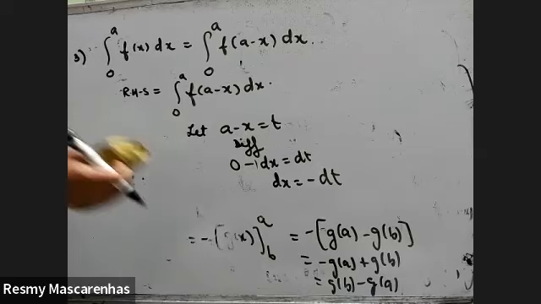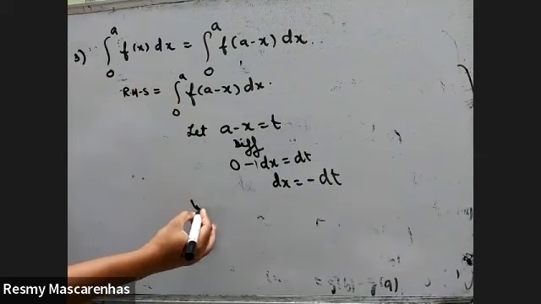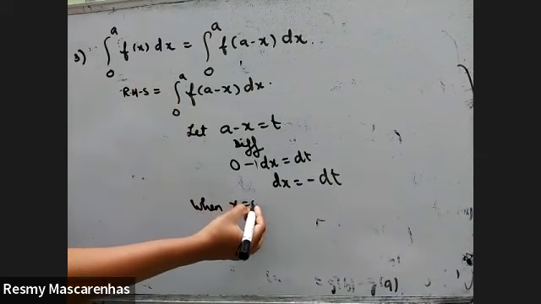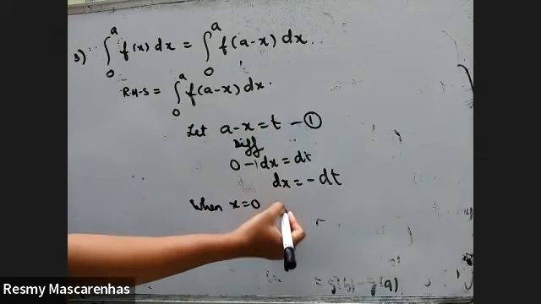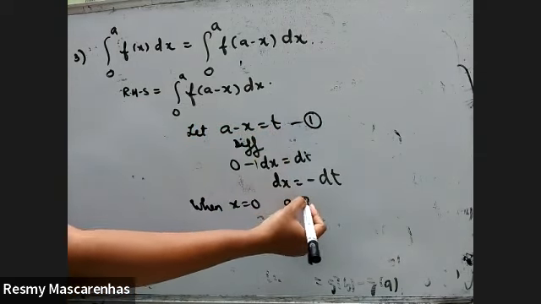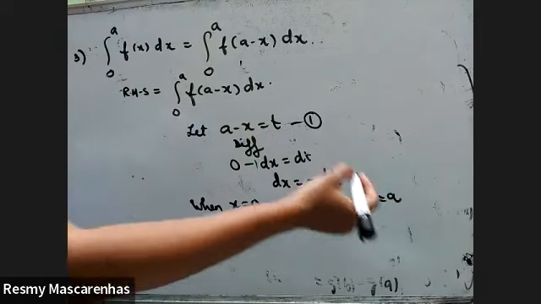To change the limits, put x equals to 0 and check what is happening. This is your main substitution. So a minus 0 will be t. Therefore, t will be equal to a.